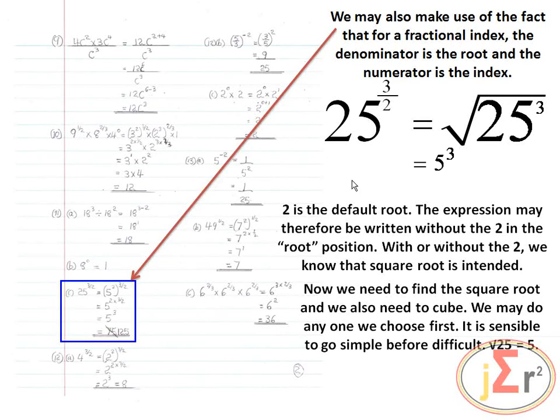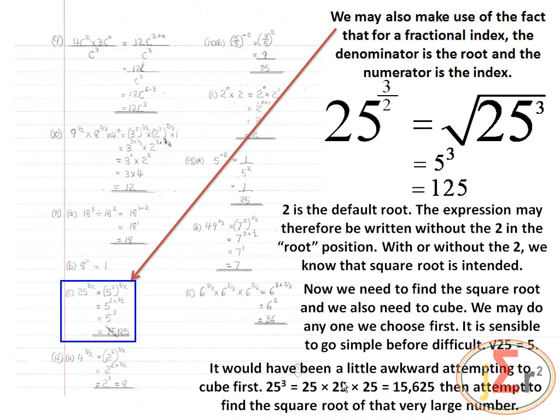So we have chosen to apply the square root first, which is going smaller. So the square root of 25 is 5, and we have 5 cubed right there, which is the same as we had on the previous slide: the cube of 5 is equal to 125.